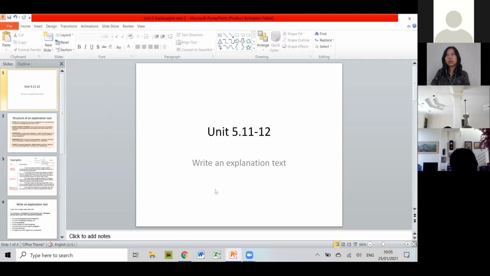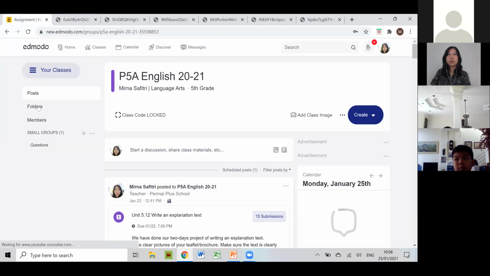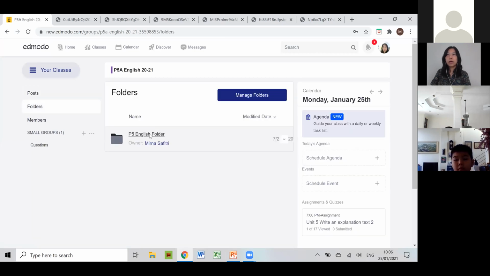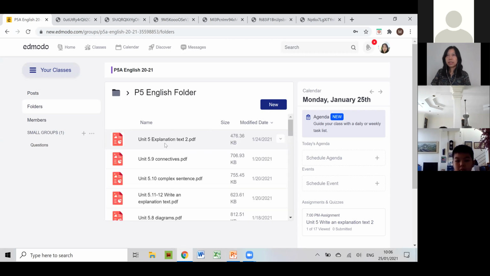Okay, I'm going to show you another thing from your Edmodo. If you go to your Edmodo folder, all right. Now, today's presentation is this, Unit 5 Explanation Text 2.